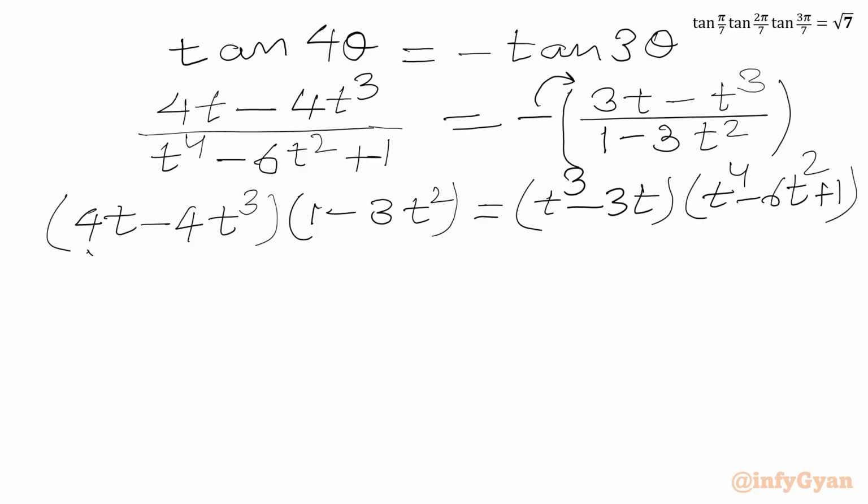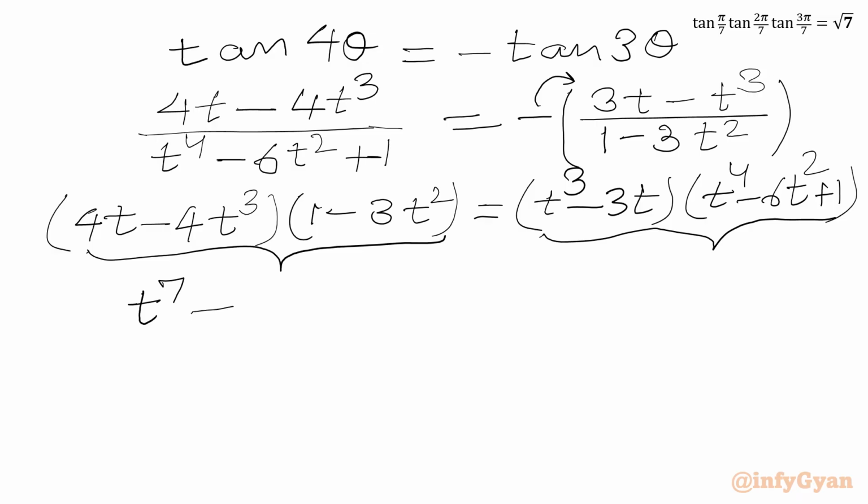Now we will simplify both the sides and we will get, if I write the direct result, t power 7 minus 21 times t power 5 plus 35 times t cube minus 7t equal to 0.